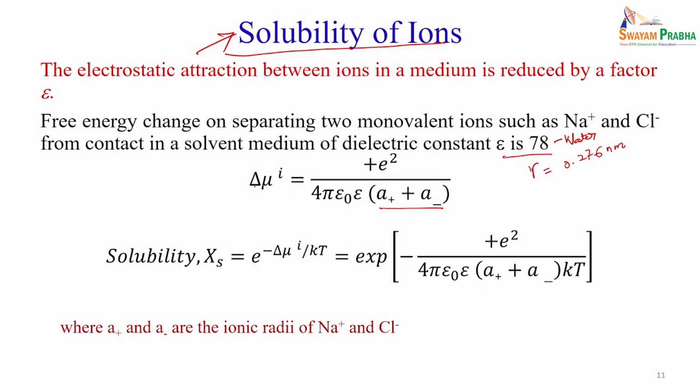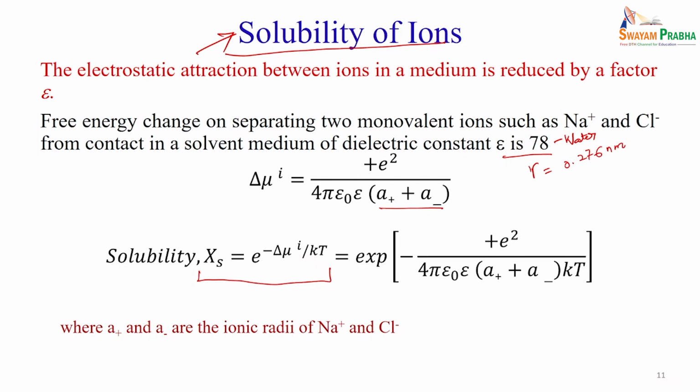So, we can calculate the value of delta mu, where Z1 is 1 and Z2 is minus 1. So, it will be simply e square upon 4 pi epsilon naught epsilon into the interatomic distance between Na and Cl, that is 0.276, and the solubility is given as Xs equal to e to the power minus delta mu upon kT.